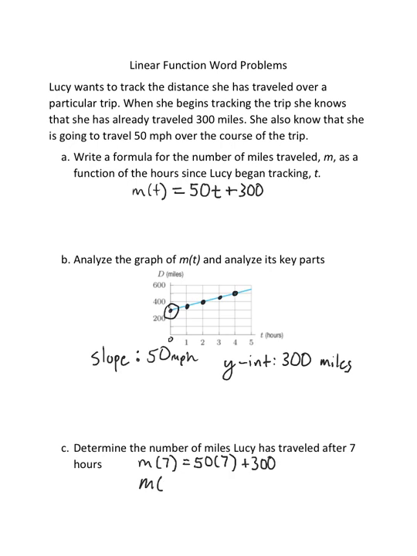Or m of 7 would be 350 plus 300. M of 7 is 650. What this is saying is that after 7 hours, Lucy has traveled 650 miles.